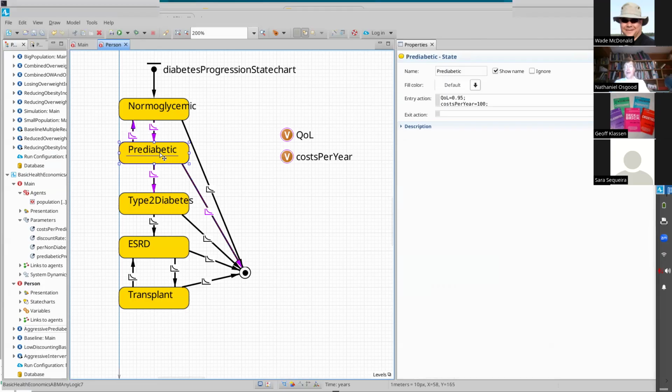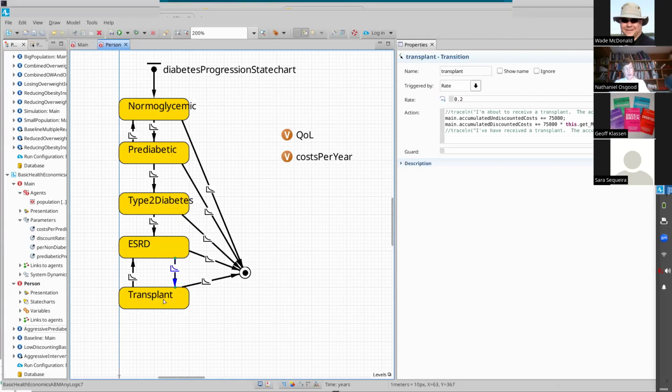Having done that, keeping them here or having them go back, which is the main operative thing, we're preventing them from accruing these costs that are very material for these states down here. Modest, but still significant for type 2 diabetes, huge for end-stage renal disease, huge for each transplant given.